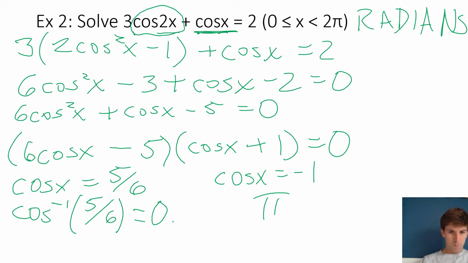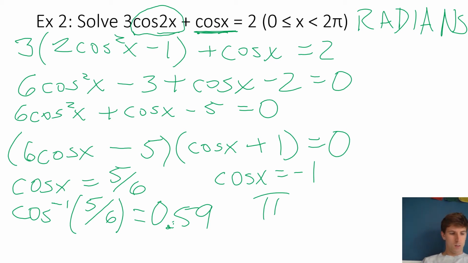Having trouble drawing a dot there. There we go. And so remember, that's not going to be the only answer. We're going to need our other value as well. We know that cosine is going to be positive in both the first quadrant and the fourth quadrant.